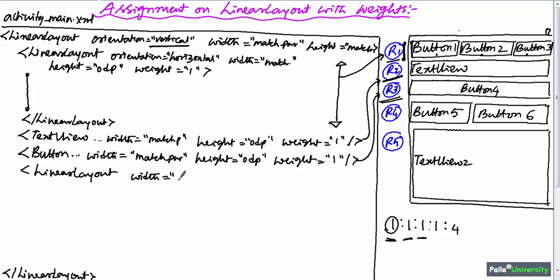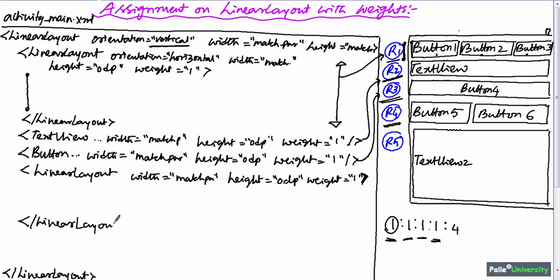Width I will take as match parent. For the fourth row, weight should be 1. Since we are applying weight for the fourth row, and since the fourth row is a linear layout, first I have to specify height as 0 dp, and after that I have to specify weight equal to 1. And let me end that linear layout here, because within that linear layout we have 2 buttons which I will write later.